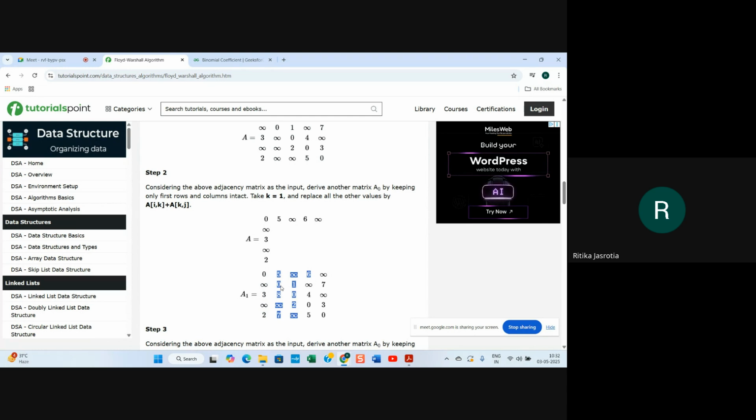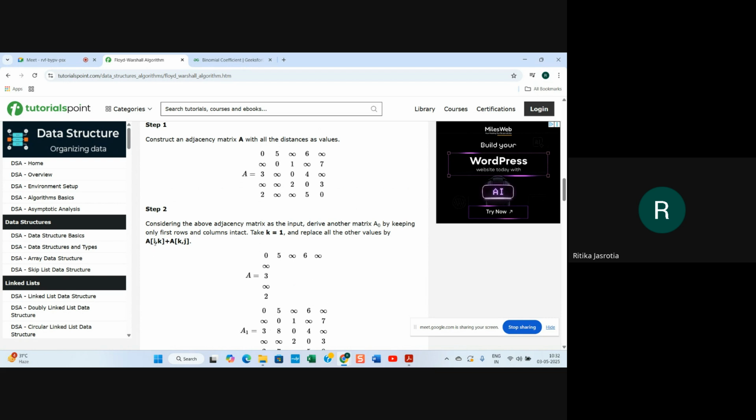Which value was it? The index was 1 1. So in 1 1 the same value comes, 1 1 plus 1 1, which will be 0 plus 0. So it is not greater, so we don't have to replace. Now this one is 1 2: 1 1 plus 1 2. 1 1 is 0 and 1 2 is 1, so 0 plus 1 will be 1, again the same value. Then 1 3: 1 1 plus 1 3, 1 1 is 0 and 1 3 is infinity, so it will come out to be the same.